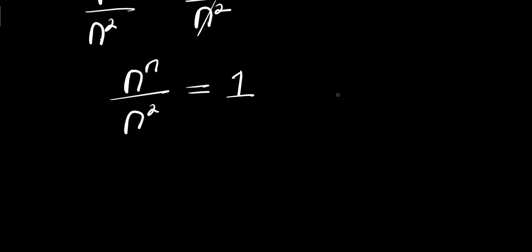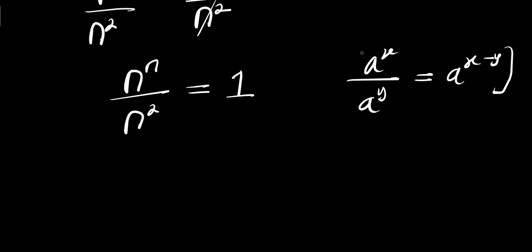Now consider this identity, a power x divided by a power y equals a power x minus y. So we have n power n minus 2 equals 1.